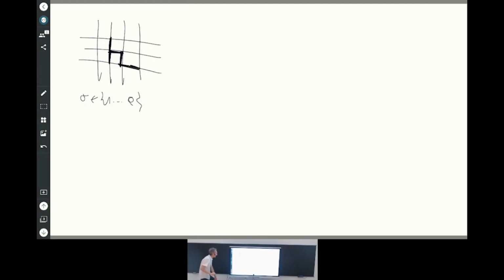Let's say this is a cluster, the cluster of nodes where this variable takes a certain value. But then you can reformulate it in terms of loops because you are in 2 dimensions. To do that, you just have to draw a loop around the cluster. And so yet again, a loop model.